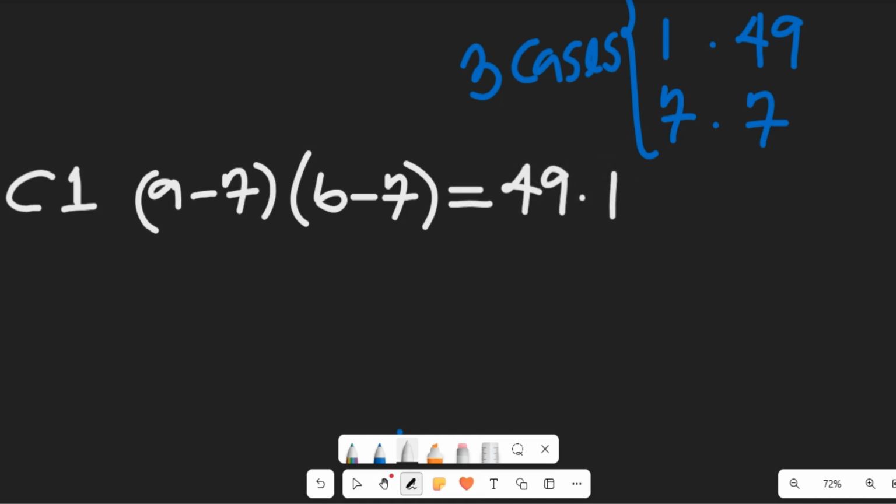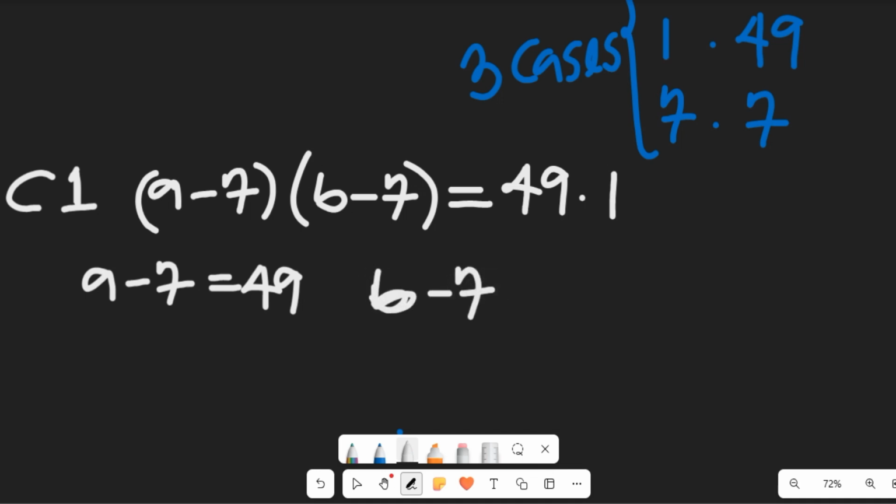So I can equate both sides with a minus 7 equal to 49, and then I have b minus 7 to be equal to 1.